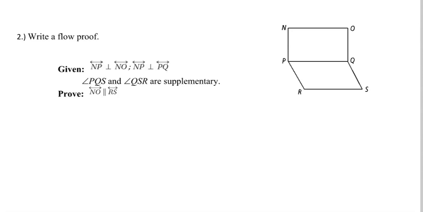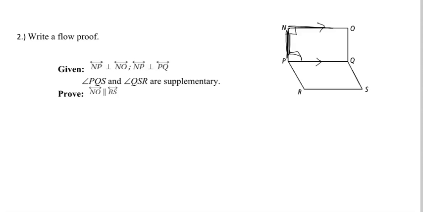Okay, let's take a look at this last proof. It says NP is going to be perpendicular to NO. We also know that NP is perpendicular to PQ. Therefore, I know that those are going to be parallel.